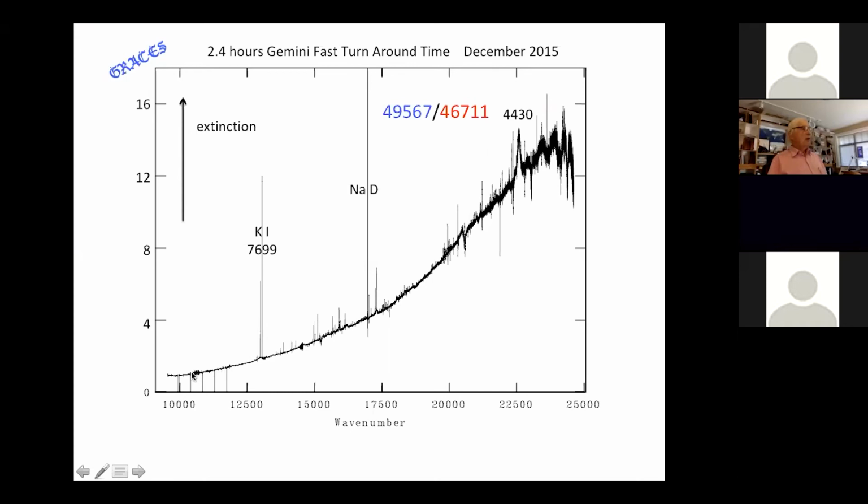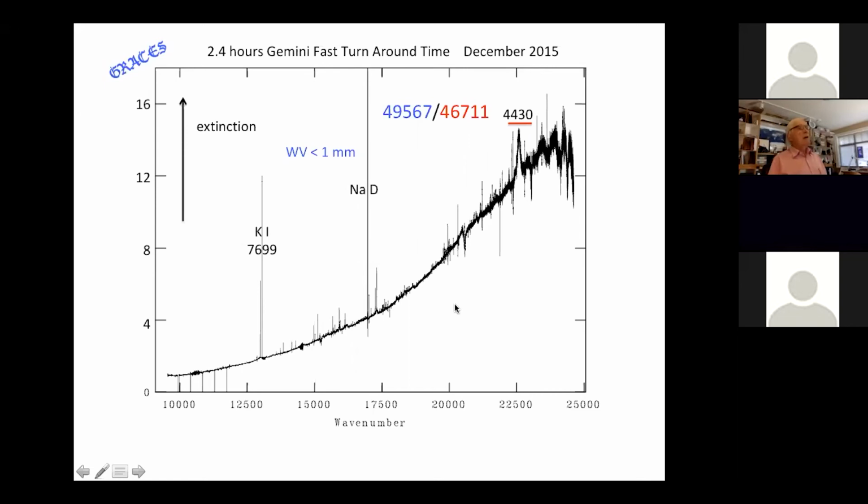But you can see that in terms of this, the ratio you're looking at, by the way, is this to a blue star. You can see that the compensation for the water vapor bands down in the infrared has been very good. And in fact, the water vapor was less than a millimeter. We were very lucky.